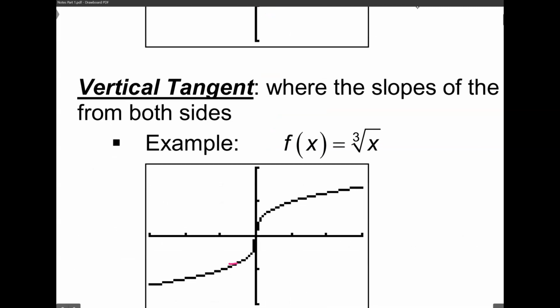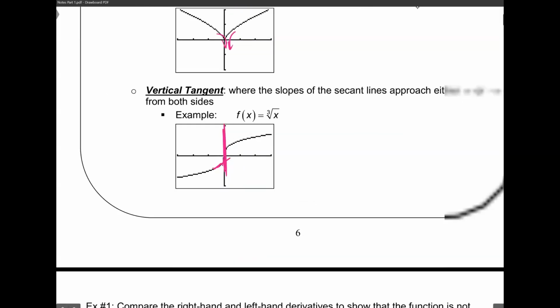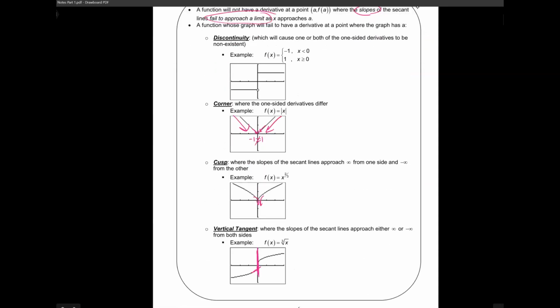Same way here, as I come up, my slopes get steeper and steeper till I have a vertical tangent. So it's continuous, but it's not differentiable. These are the 4 cases where it's not differentiable.